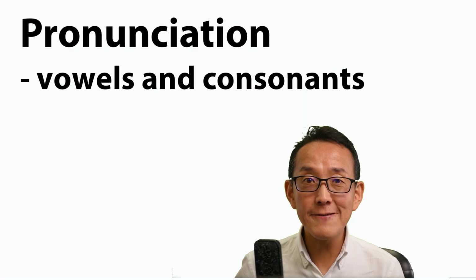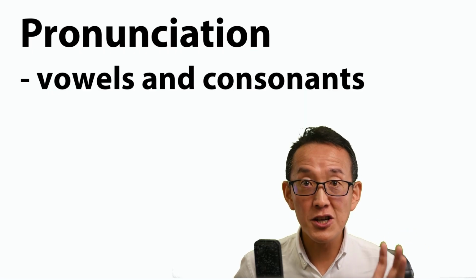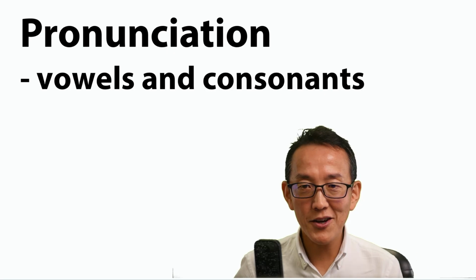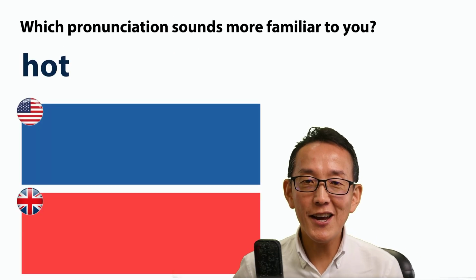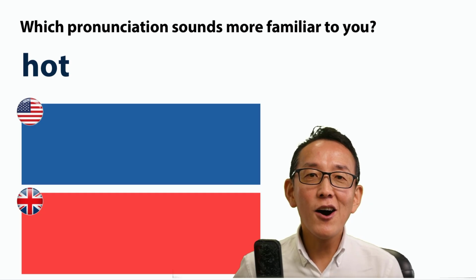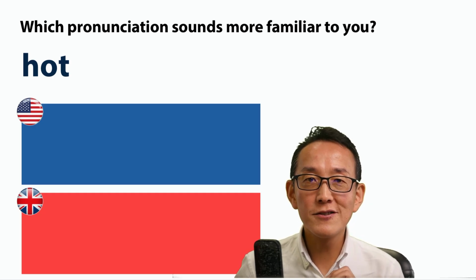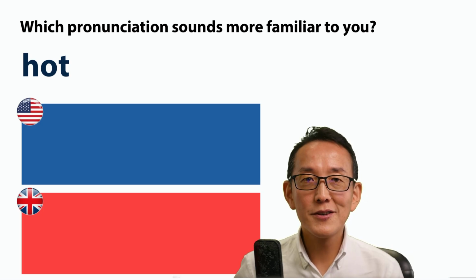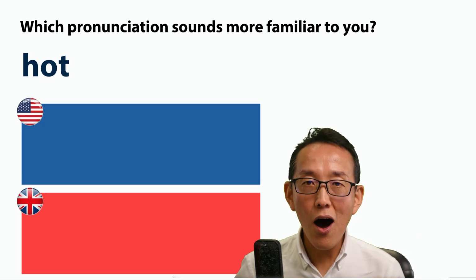One of the easiest differences to notice between British and American English is the pronunciation of certain words. Let's begin with this word, H-O-T. I'll say the word in two different ways, so tell me which one sounds more familiar to you. First one, hot, heart.